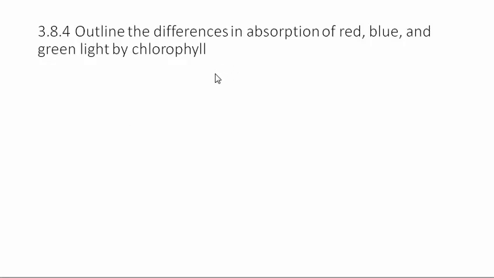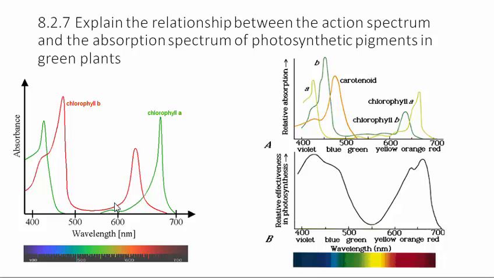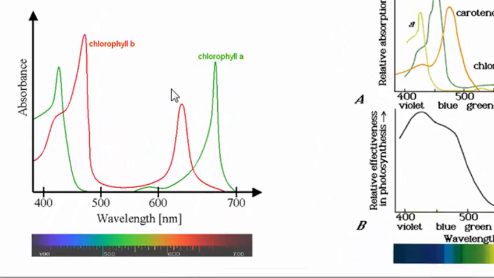It says outline the differences in absorption of red, blue, and green light by chlorophyll, and I talk about this in the next slide. You can see here on the left that blue has a very high absorption by chlorophyll. Now, there are different types of chlorophyll, here shown chlorophyll A and chlorophyll B. And the green wavelengths aren't absorbed much at all.